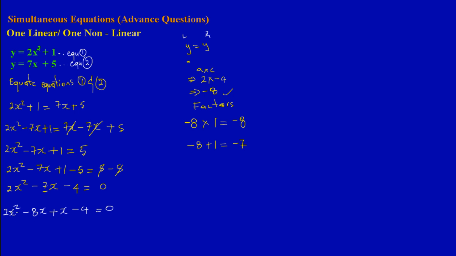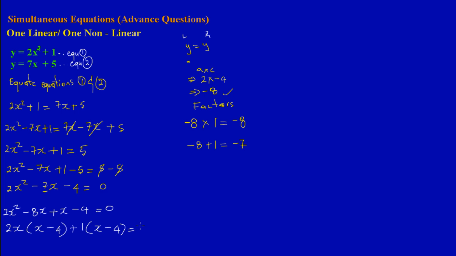What is common to 2x squared and minus 8x is 2x, so I'm taking out 2x. 2x into 2x squared leaves me with x, and 2x into negative 8x leaves a negative 4, so the signs work out. Now I bring down the sign and ask what is common to x and negative 4; that is 1. So 1 into x gives x, and 1 into negative 4 gives negative 4.